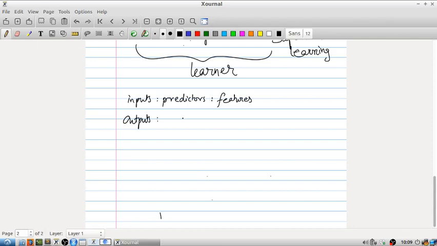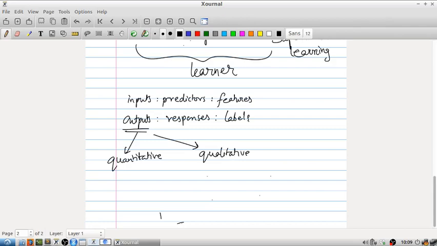Outputs are responses or even labels. So let's focus on outputs for a bit. Outputs can be both quantitative and qualitative.